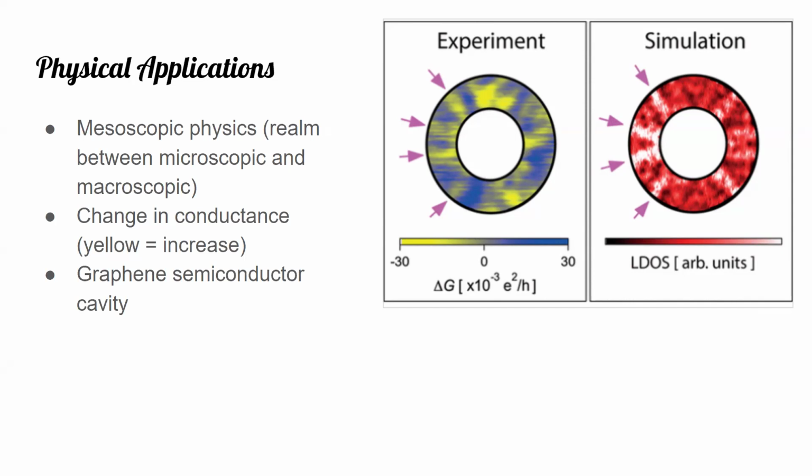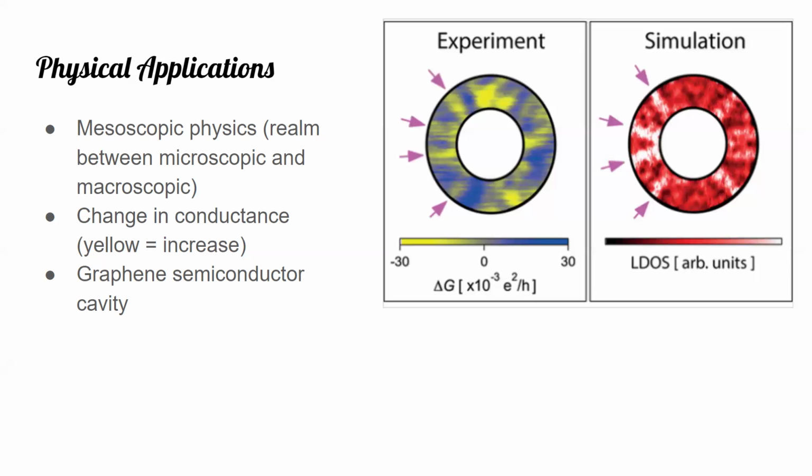And what it's being used for here is to try to predict changes in conductance in a graphene semiconductor cavity. And so what these physicists did was they said, okay, our graphene semiconductor cavity has one of these classically chaotic geometries, and irregular probability distributions in the quantum analog as well.